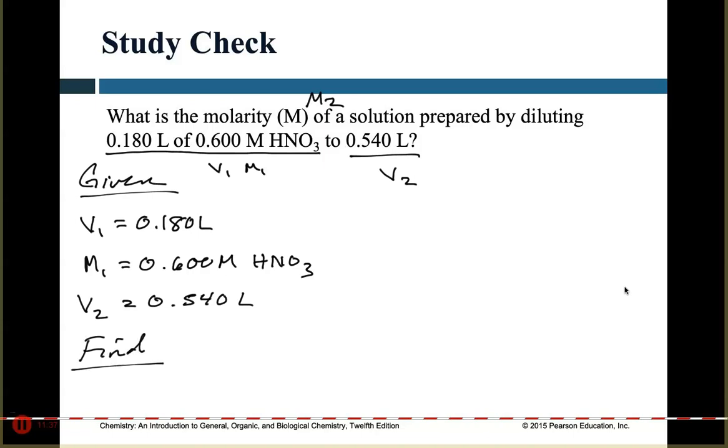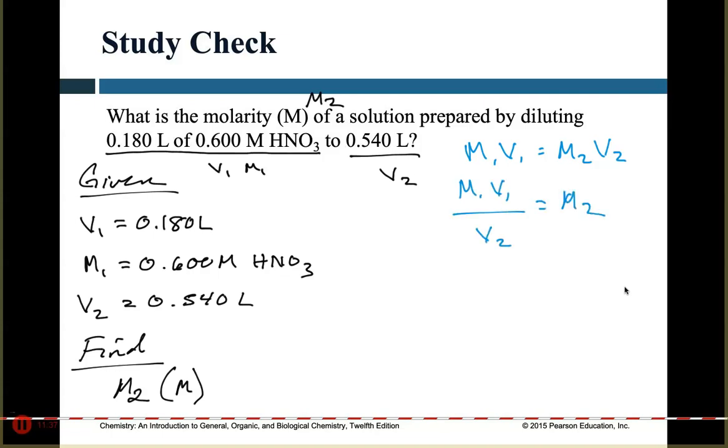And I'm asked to find directly for M2 in units specifically of molarity. So let's start plugging away. M1 V1 equals M2 V2. I'm solving for M2, just like in the last problem. Divide both sides by V2, so we can isolate M2.